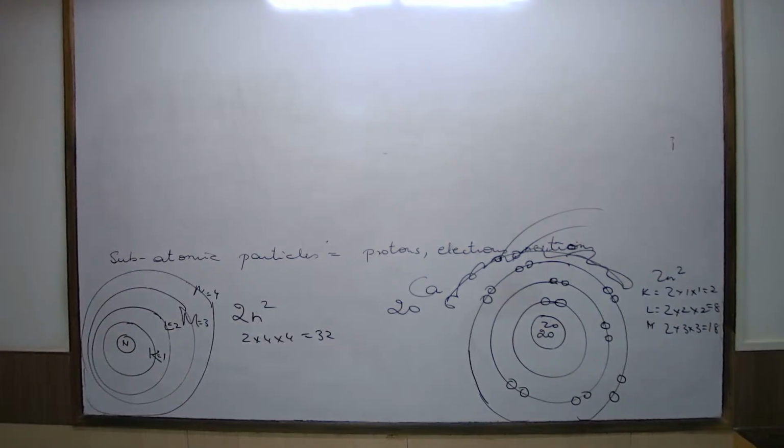So, for instance, an atom is electrically neutral, electrically stable, but chemically it's unstable. Why? Because it does not have 8 electrons in the outermost shell. In order to acquire that stability, it has to either accept electrons or give out electrons to get 8.